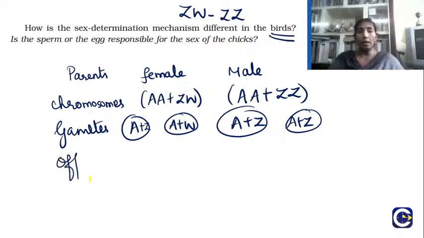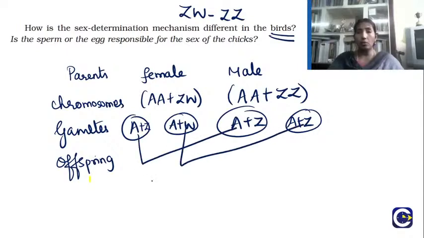Now how will be their offsprings or the progeny? So the chances will be what? AZ plus AZ, and AZ plus AW.